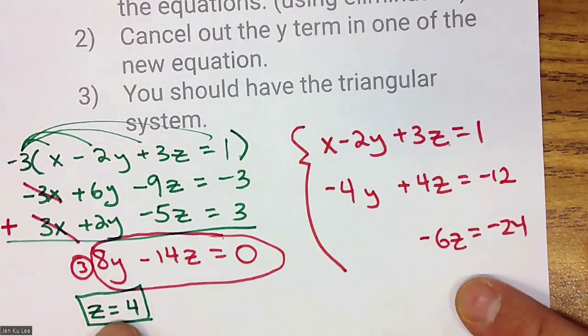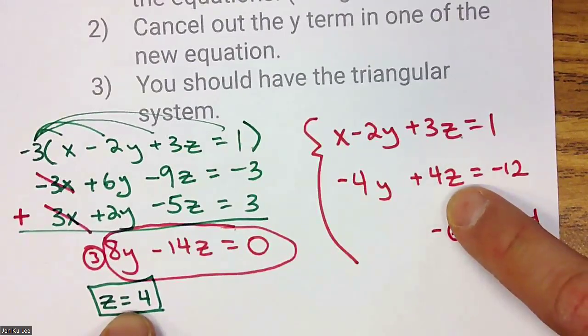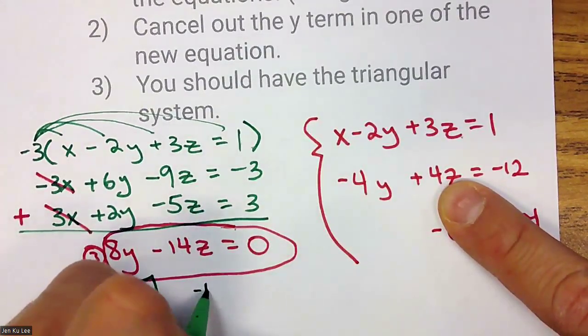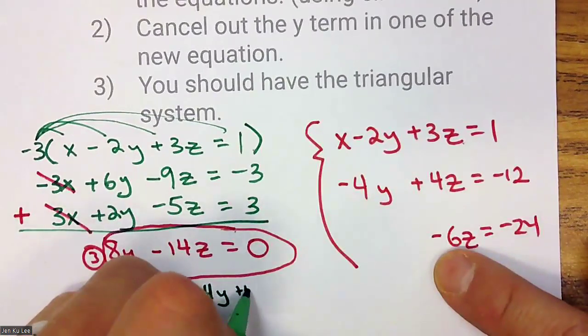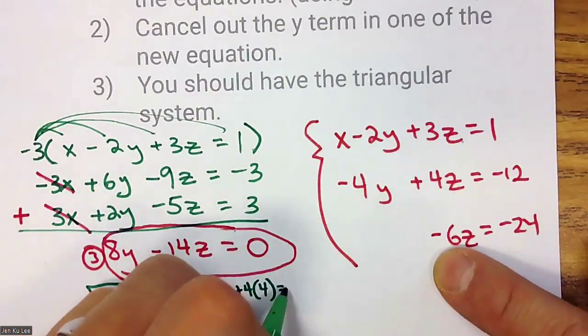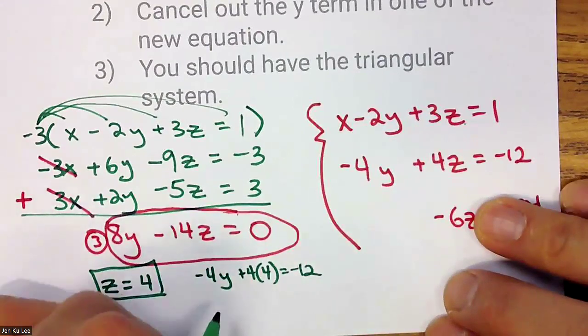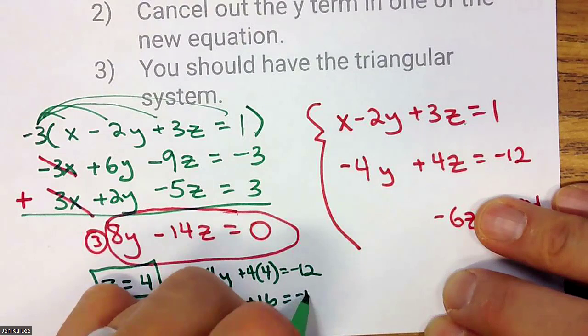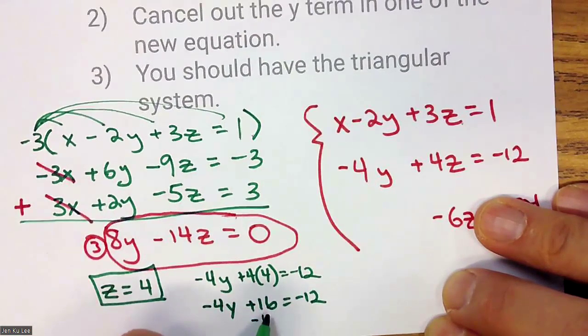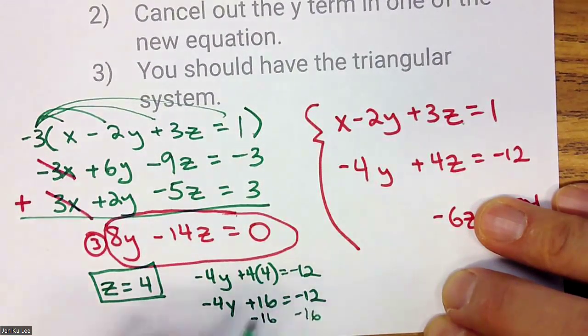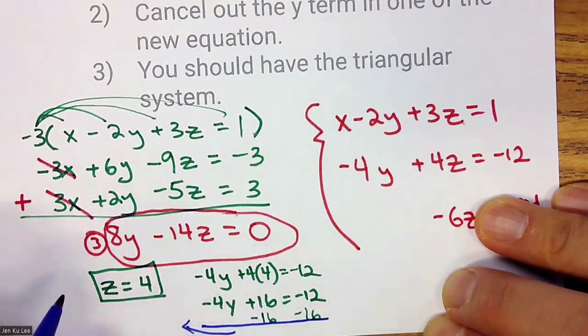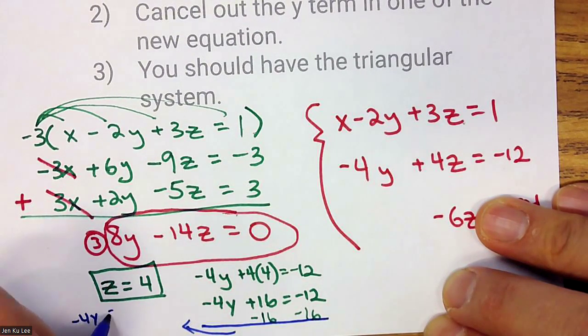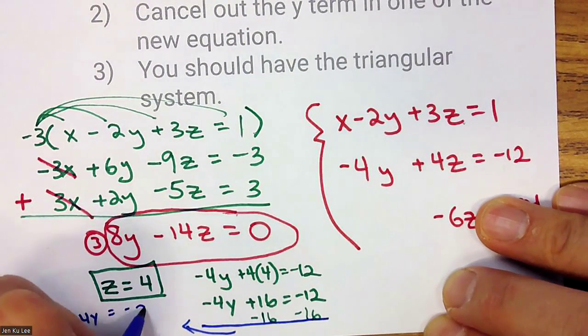So now with that, positive 4, I'm going to plug it into here. So that's negative 4y plus 4 times 4 equals negative 12. So that's negative 4y plus 16 equals negative 12. Subtract 16 on both sides. I am going to get negative 4y equals negative 28.